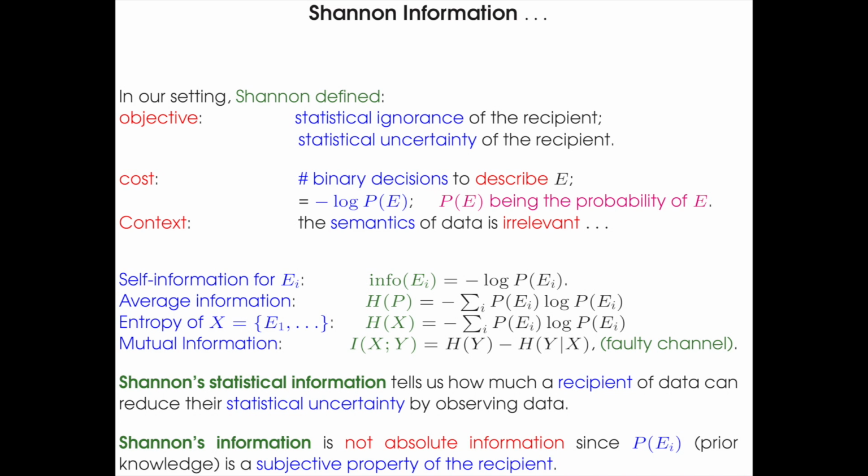If the message is very rare, when it occurs, it tells you more than a message that is very frequent. That's why he related information to the probability of a message. E is an event, just pulling a coin from my pocket.